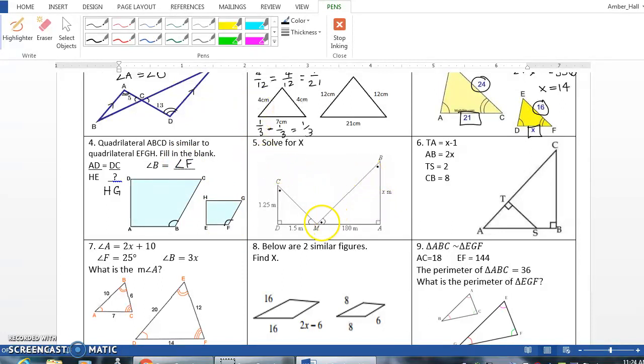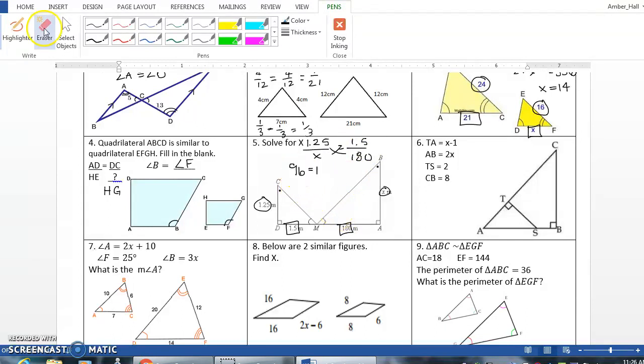Solve for x. Again, we see that this angle is congruent to that angle, and angle D is congruent to angle A, so we know that they're similar by AA. So I can set up a proportion. 1.25 corresponds with x, and 1.5 corresponds with 180. So if I set up my proportions, 1.25 over x equals 1.5 over 180.